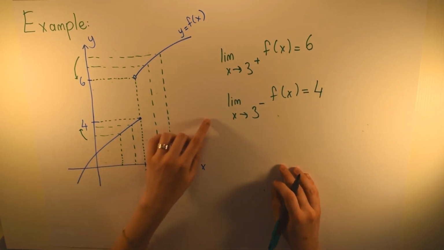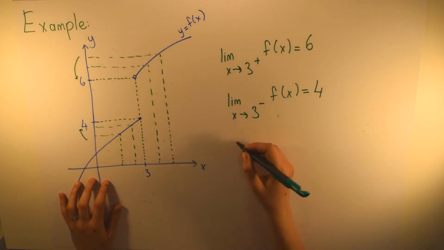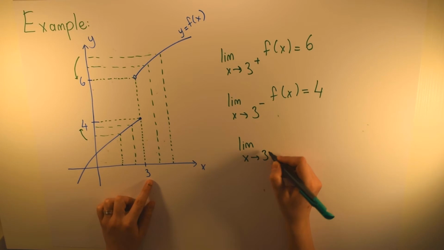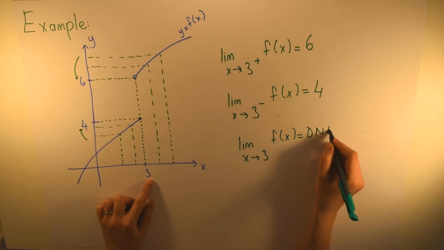Now, since these two limits are different, we say that the limit doesn't exist, okay? So we write this as limit as x approaches 3, f of x does not exist.